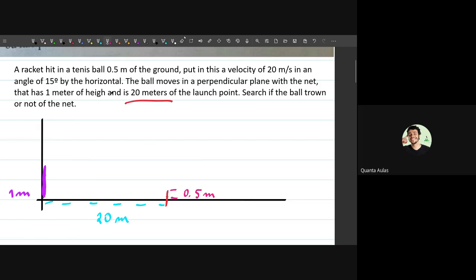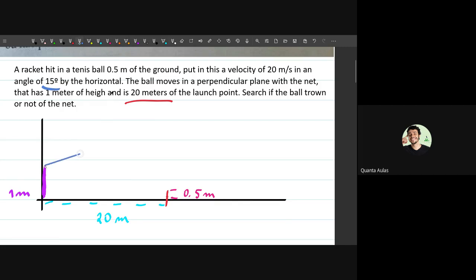So I really don't know, the ball moves in a plane perpendicular to the net. I suppose it's this, but this is a little strange because I don't know if the motion is this kind of angle. We have an angle, but a little angle, just 15 degrees.